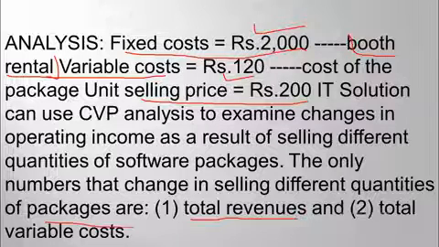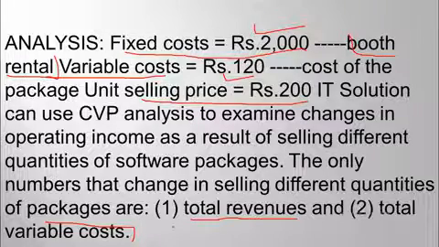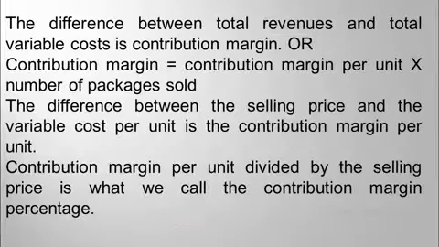It means out of the 3 elements of cost volume profit analysis, that is cost, volume and profit, if the total revenue changes and the total variable cost changes, then how much will be the change in profit, that we have to see here.